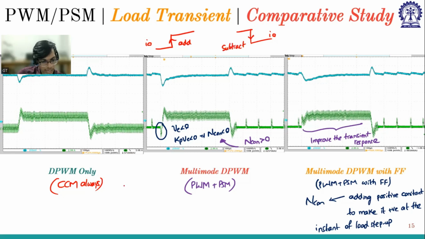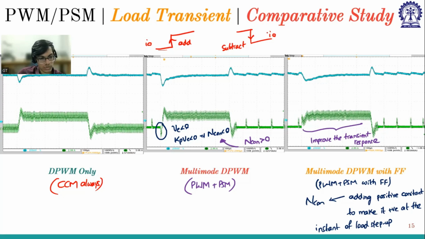If it is incremental information, we are adding the incremental information. If it is decremental information, then we are adding the decremental information, as if we are subtracting this step. So depending upon this value, either it could be adding to the I reference or it could be subtracting from the I reference.